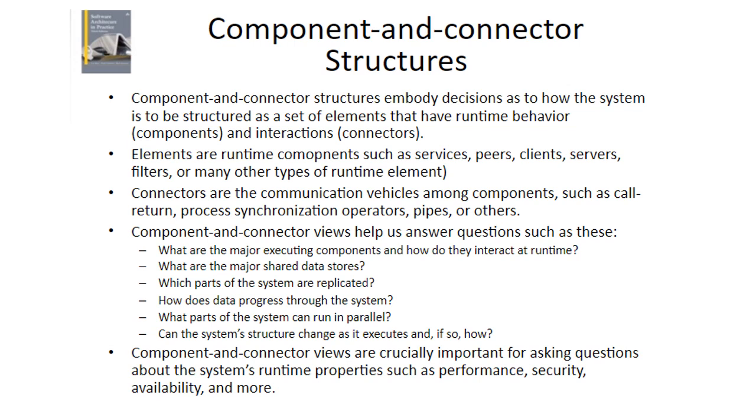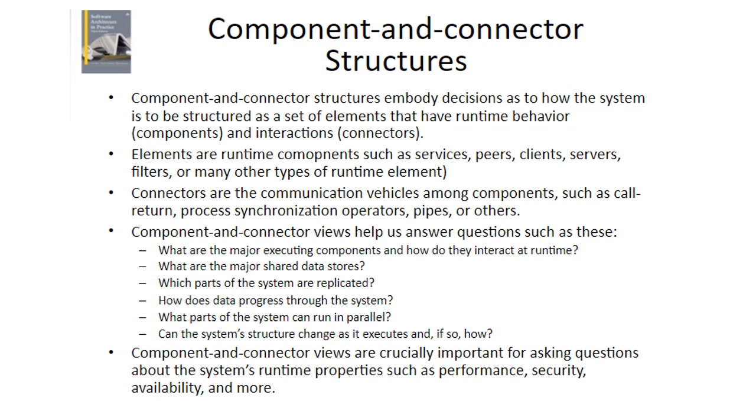So this is telling about the set of elements and how they have to be connected: how the components have to be connected and what kind of connectors should be used. That means interactions, what kind of interactions have to be done among the elements. That is called component and connector structures. The elements could be any kind of runtime components, such as a service or a group of services, a client or a server, or a filter service.